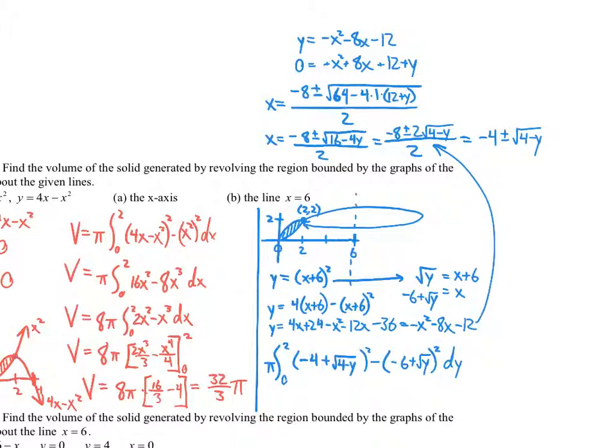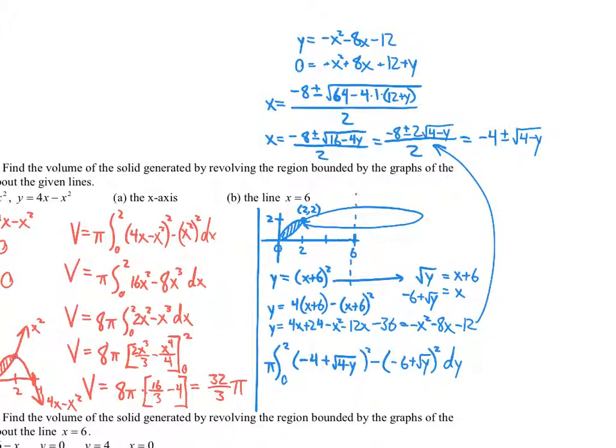So the negative 4 minus would actually be like this right hand half of this, which I don't need. So it's not.